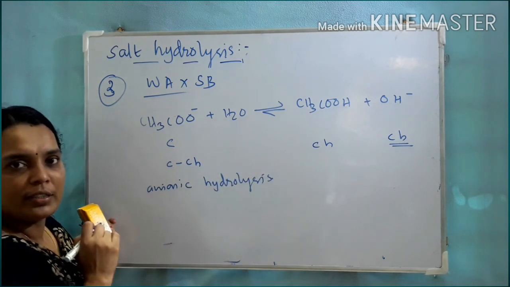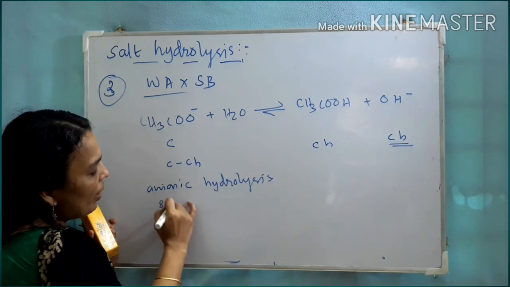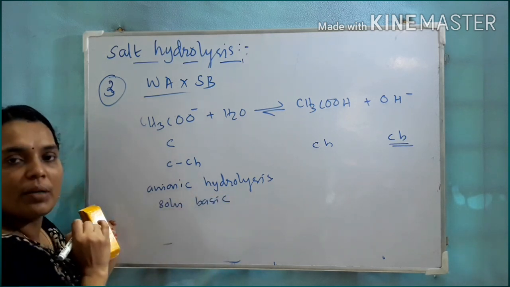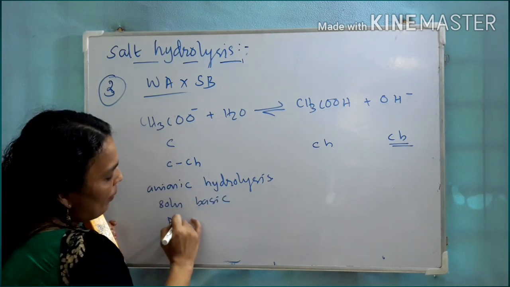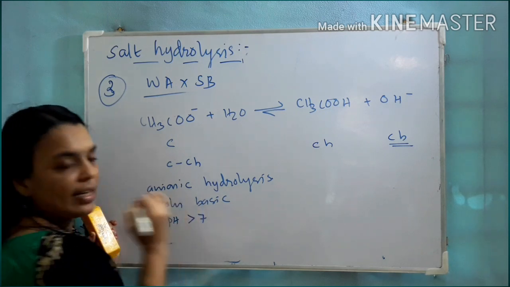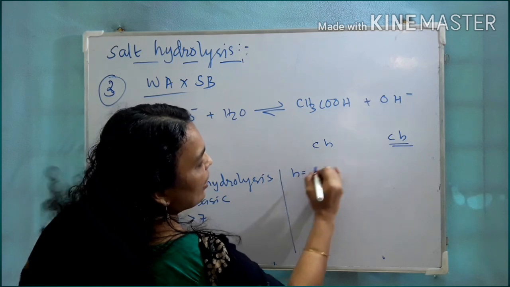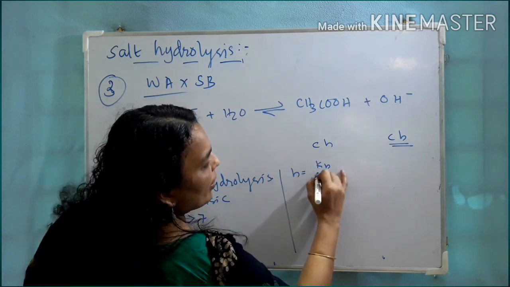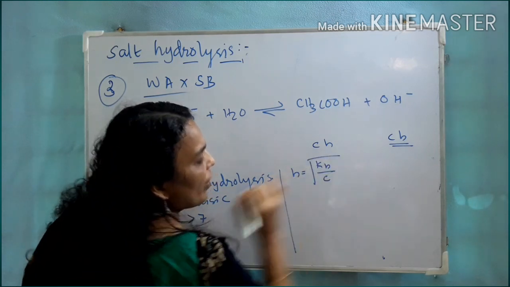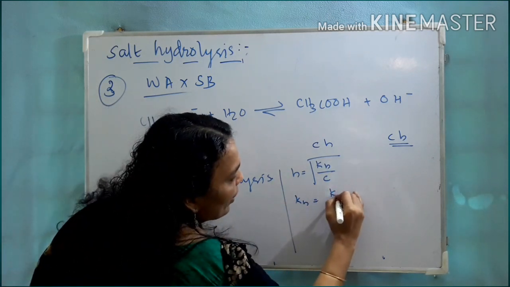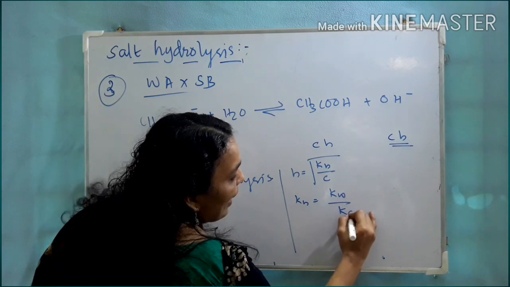Anionic hydrolysis, so the solution becomes basic in nature. pH is greater than 7. h is equal to root of Kh by C. And Kh is equal to Kw by Ka.